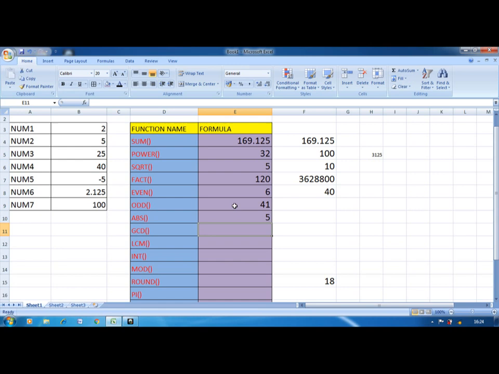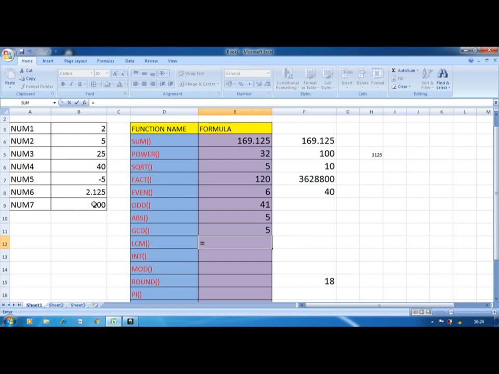Same as SUM, what you have to do is equal to GCD, then inside the bracket it shows number 1, number 2, number 3. So I will choose 5, its address is B4, and 25 I will choose, then I will choose 100. What is the greatest common divisor of 5, 25 and 100? It is 5.